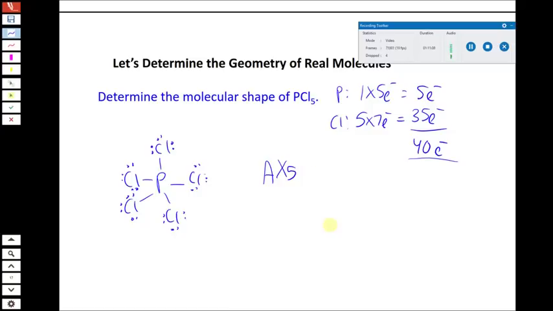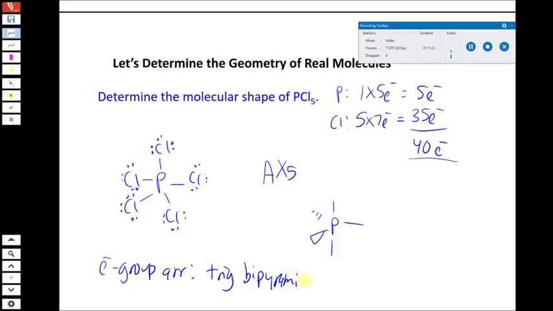So remember, 5 electron groups is trigonal bipyramidal. So the electron group arrangement is going to be trigonal bipyramidal. And the molecular shape would also be trigonal bipyramidal, because all 5 electron groups are bonded atoms, so we occupy all 5 of those positions with atoms.